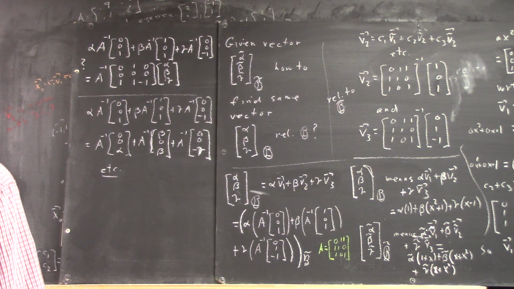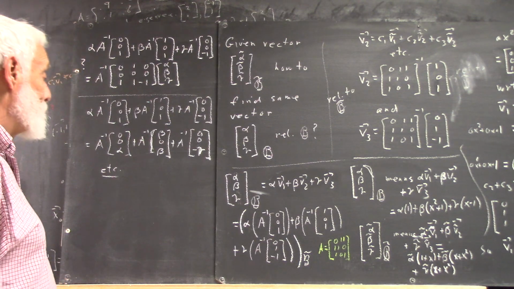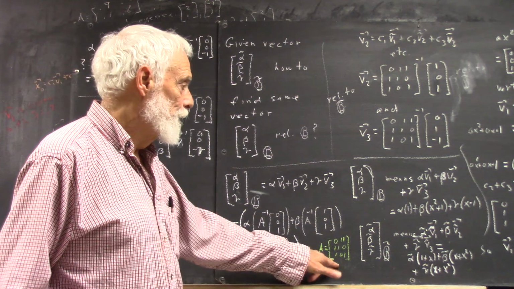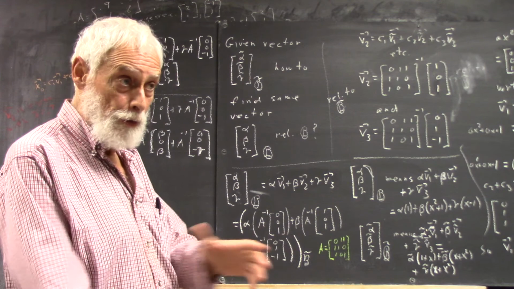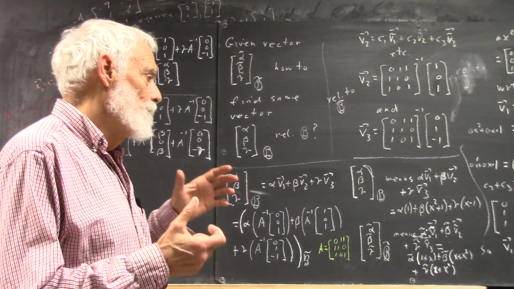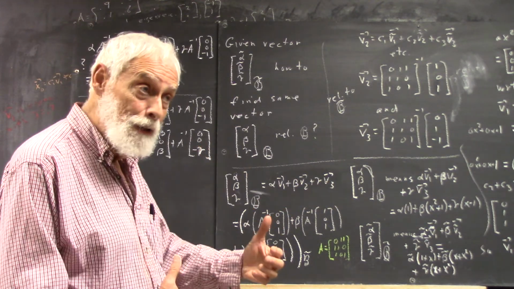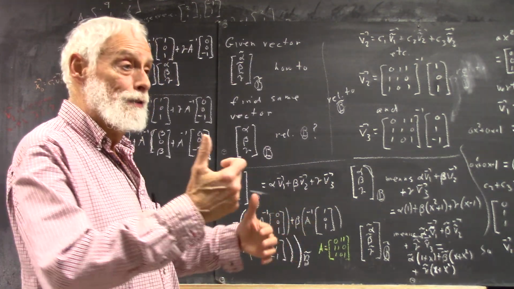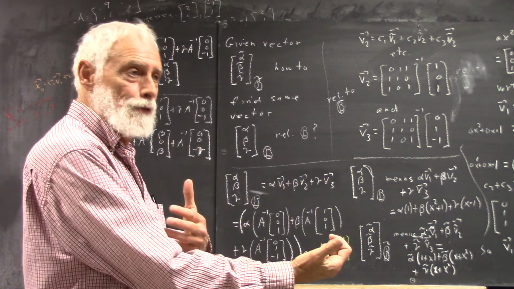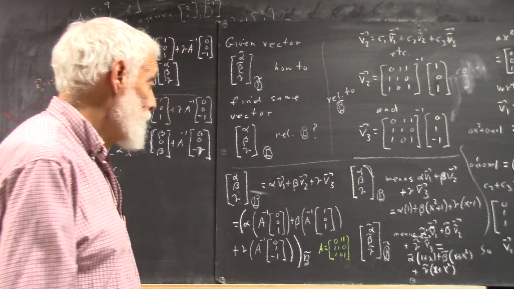Okay, I haven't done all the details of proving this is true, but I'll point to them. First of all, A is the matrix we got over here that transforms the basis vectors in the B basis to combinations of basis vectors in the B tilde basis.